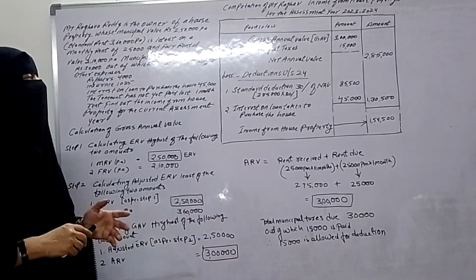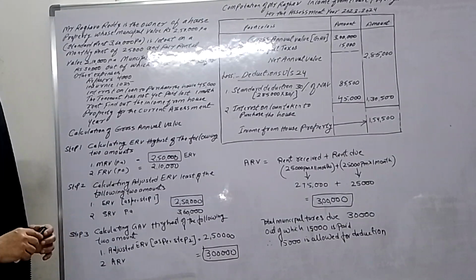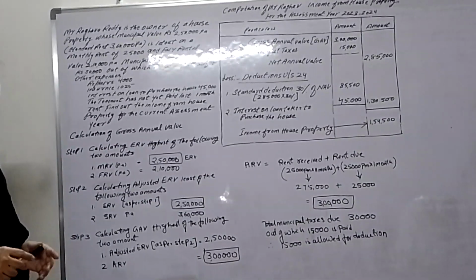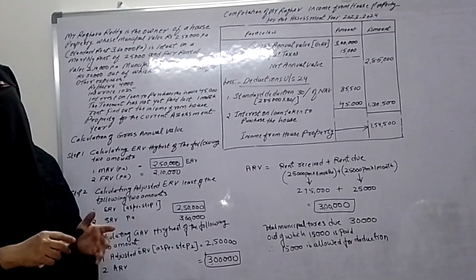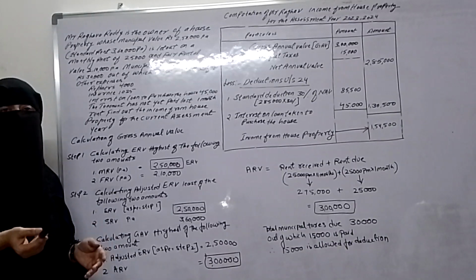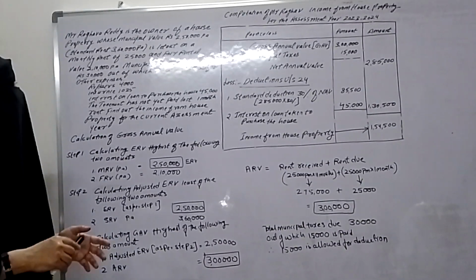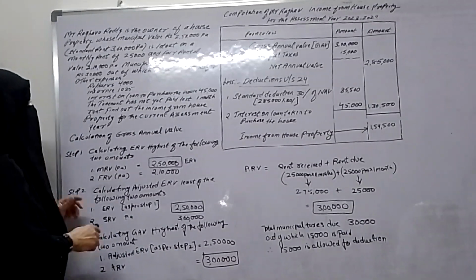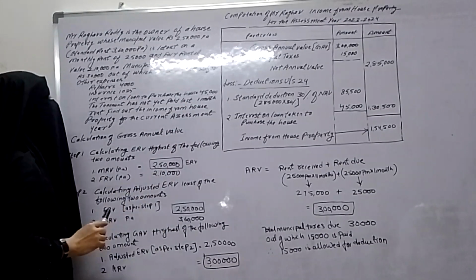In this question, standard rental value is given and municipal rental value is also given, fair rental value, and monthly rent is given. Monthly rent is called actual rental value. If you multiply it with 12, that value represents 1 year. That is our actual rental value for 1 year. But in the question it is given the tenant has not yet paid the last 1 month rent.